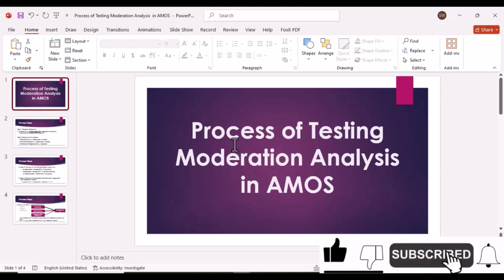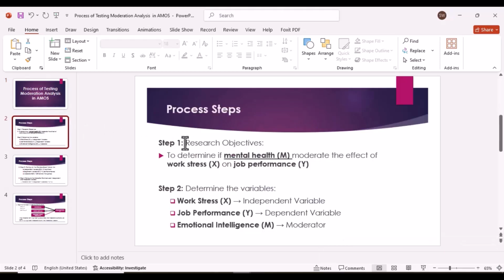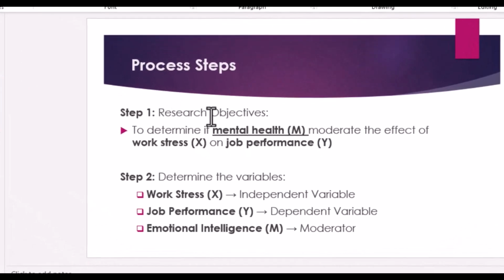We looked at the step-by-step process, and we said that there are 5 steps. The first step is getting the research objectives, where in this case we want to determine if mental health moderates the effect of stress on job performance. The next step is to determine the variables: work stress, job performance, and mental health.